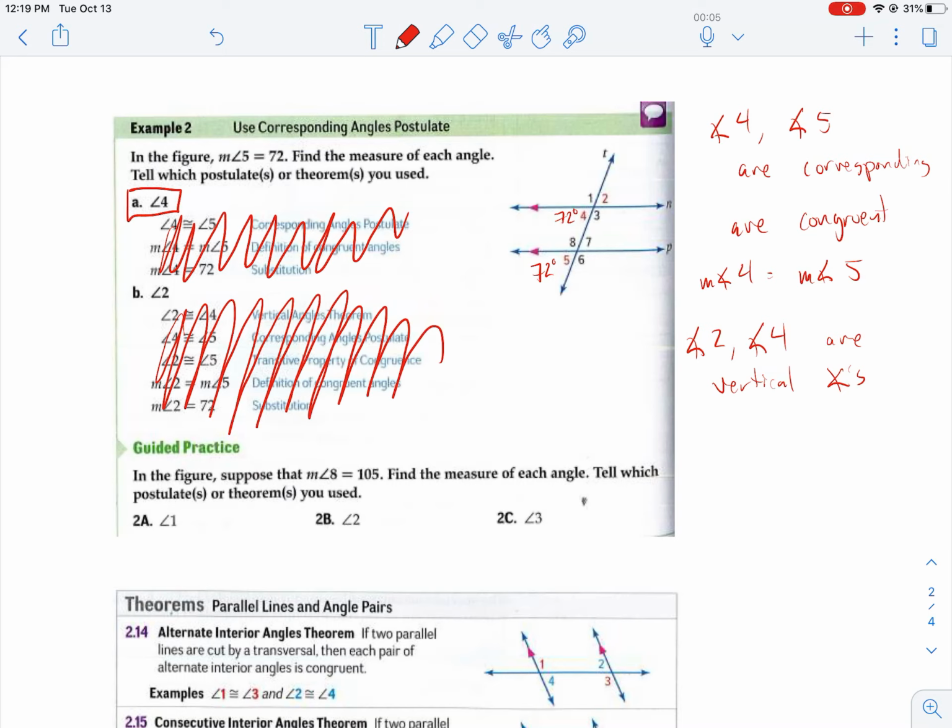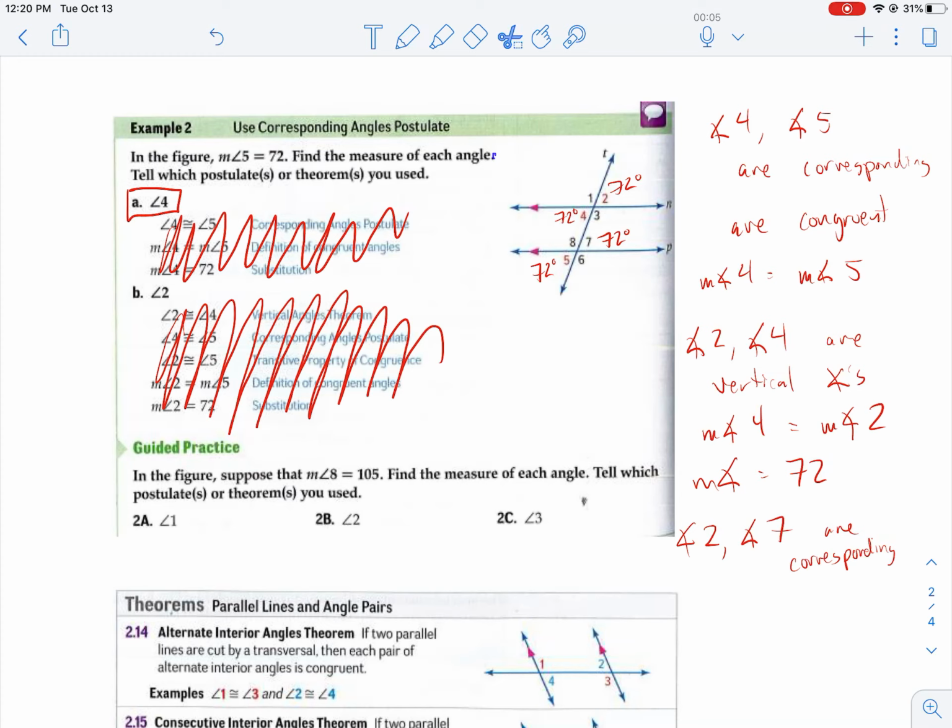So that means the measure of angle 4 is equal to the measure of angle 2, and therefore the measure of angle 2 is 72 degrees. And if we were to keep going, we'll see that 2 and 7 are corresponding, and so 7 is also 72 degrees.